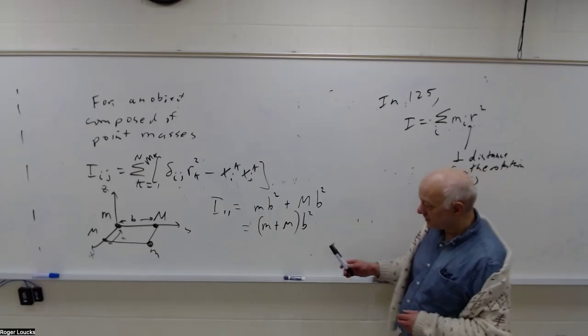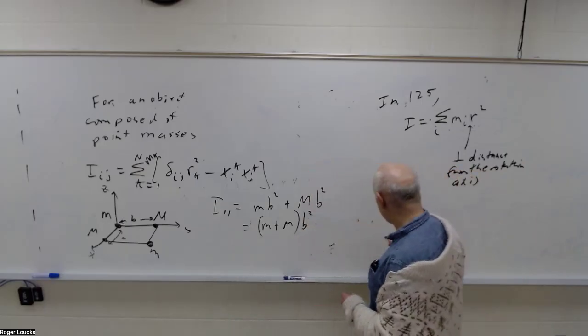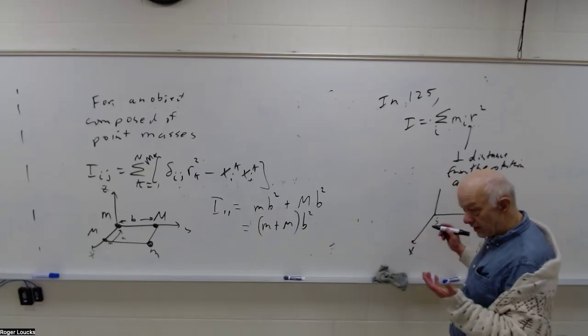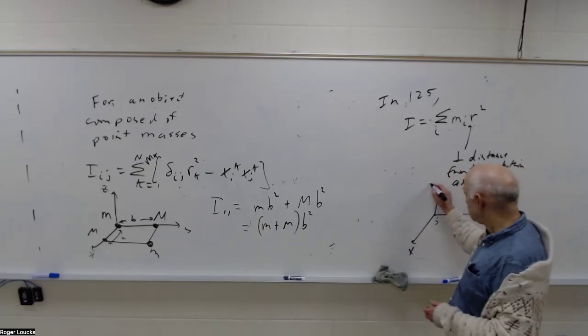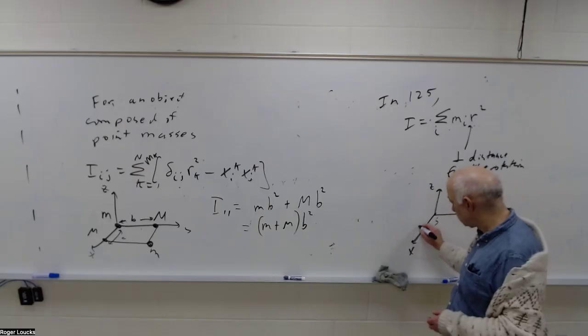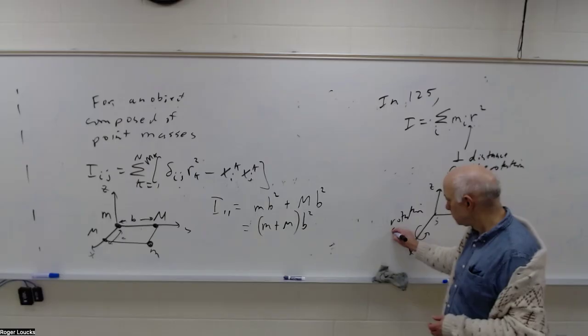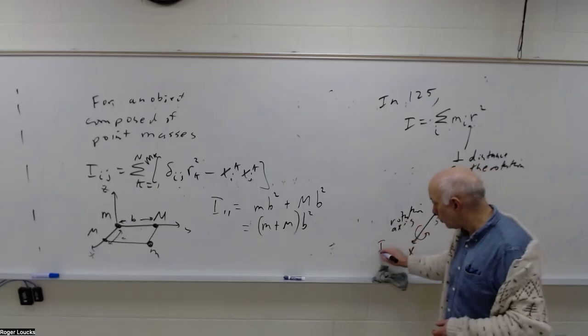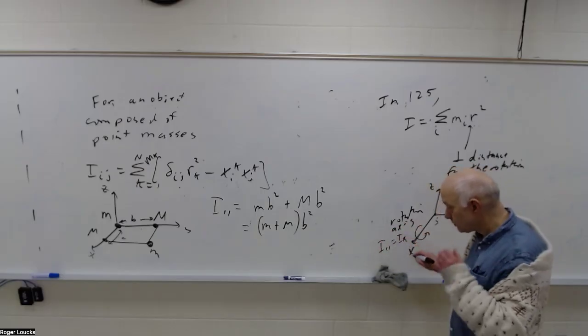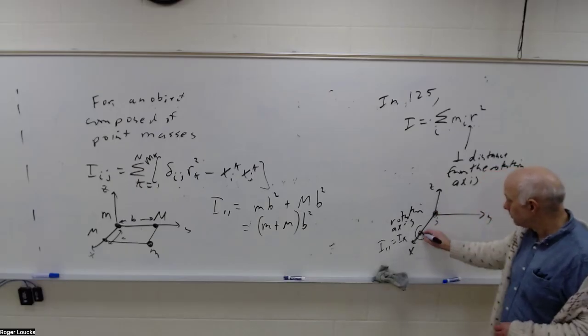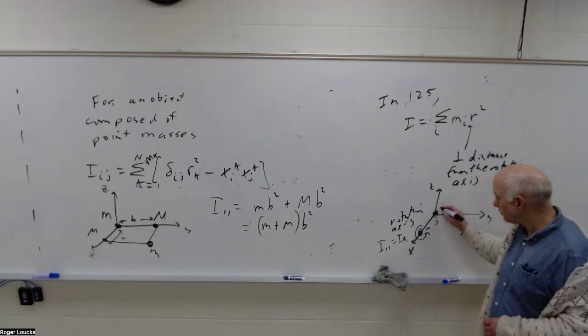This is going to be the x rotation axis. So in 125 language, it's this. Okay, so here's my rotation axis. For the I11, in other words, Ix. What we do, we have this mass here and then this mass here. Okay, so this is bigger, this is M, this is lower.